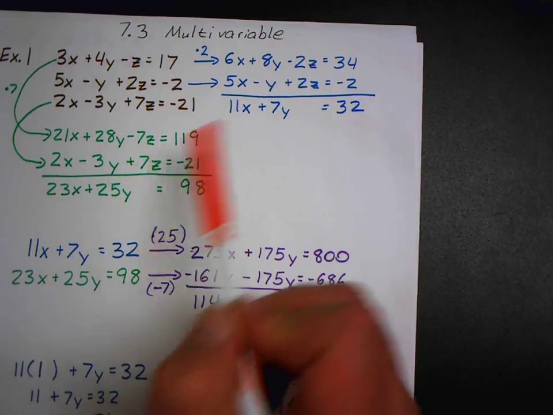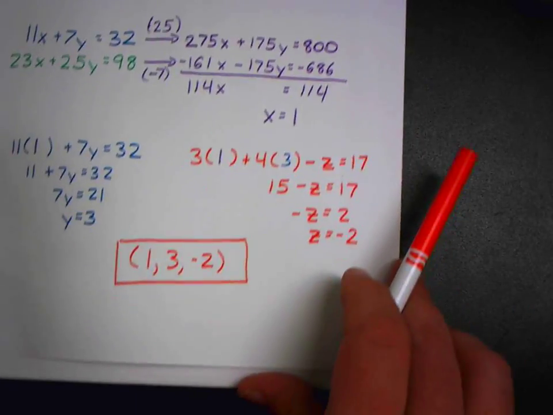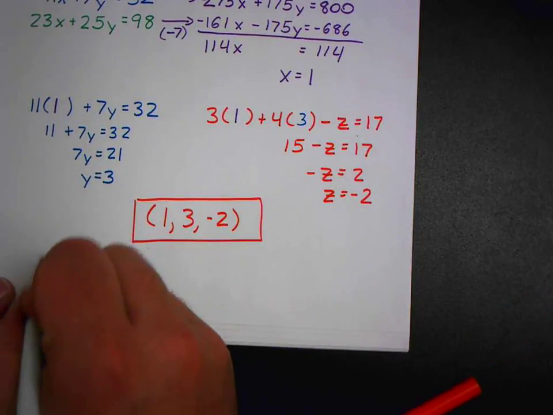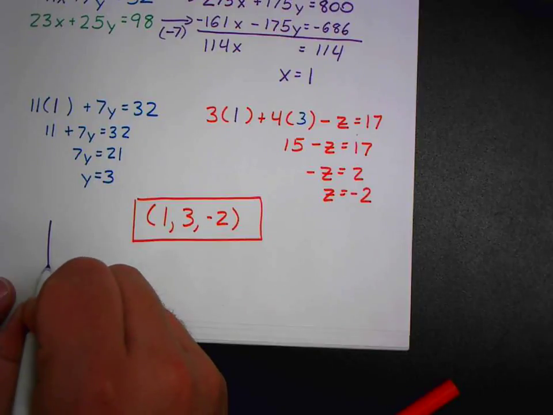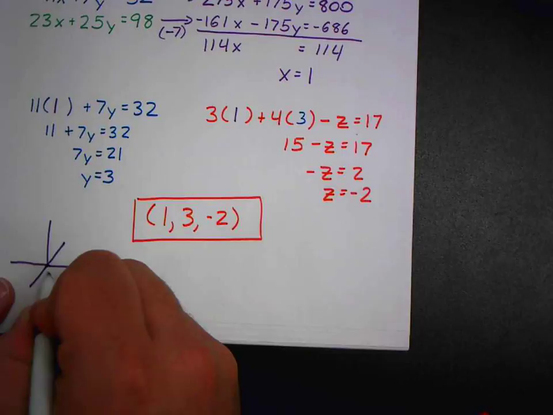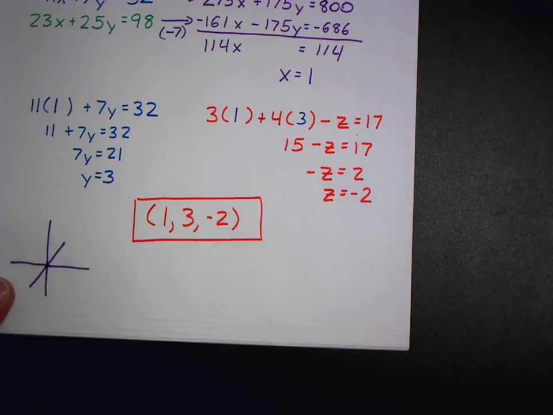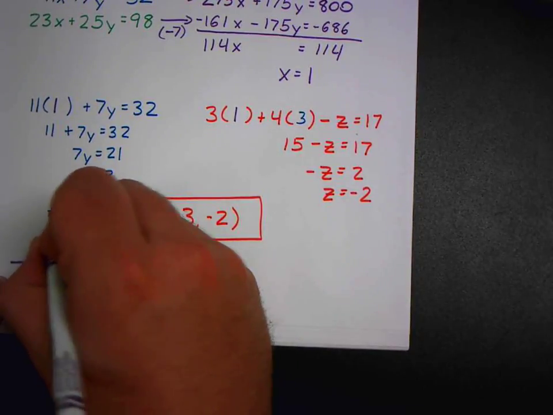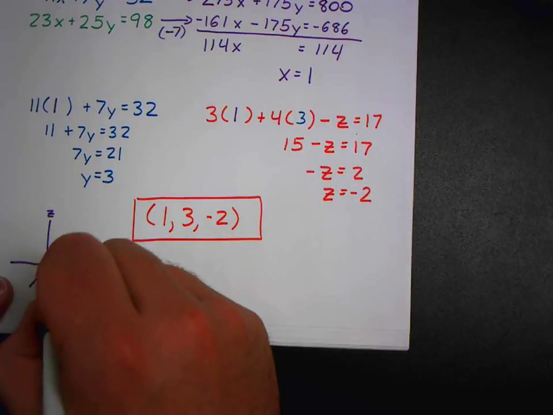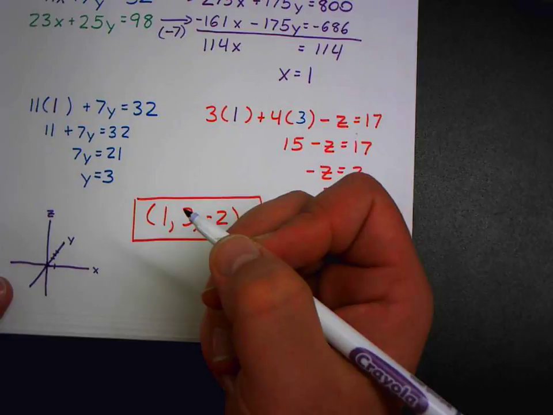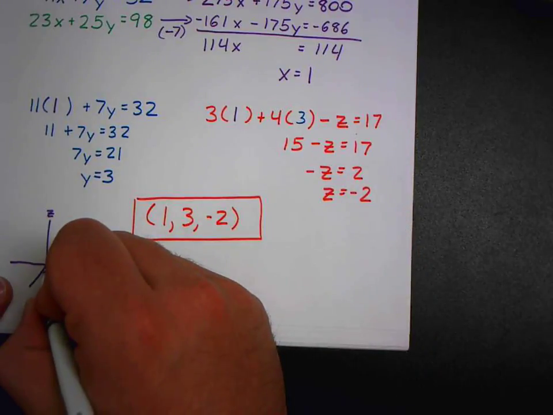How would you graph an ordered triple? Well, you have to use a 3D graphing system. So a 3D graphing system looks like that, where this would be x, y, and z. So I go over 1, up 3, down 2.